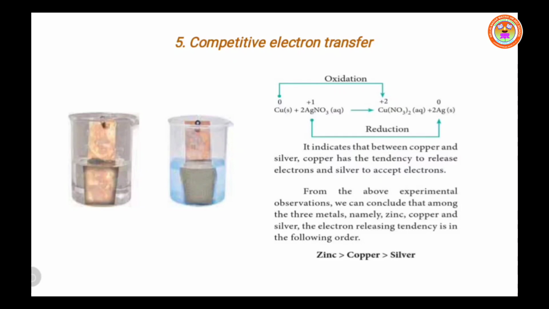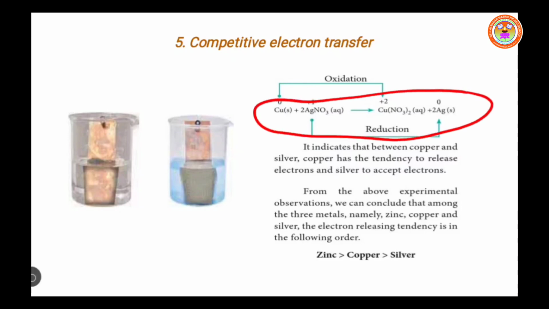Therefore the equation for the reaction of copper with silver nitrate is Cu + AgNO3 gives Cu(NO3)2 + Ag. Silver nitrate formula is AgNO3. Cu(NO3)2 is called copper nitrate. The balanced equation is Cu + 2AgNO3 gives Cu(NO3)2 + 2Ag.